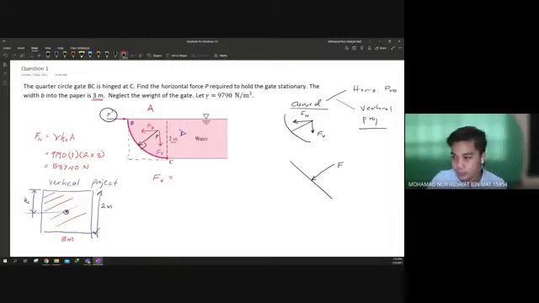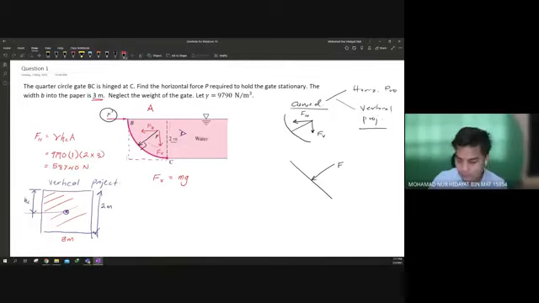How to calculate the weight? This is the weight of the quarter circle. So how to calculate the weight? So force equal to mass multiplied with gravity. I'm really sure you know of this. F equal to weight. Weight is mass multiplied with gravity.